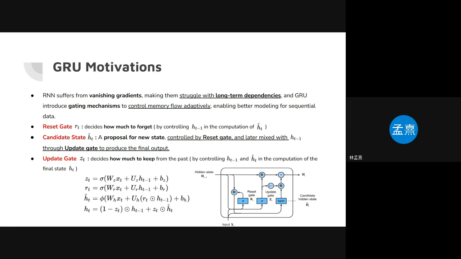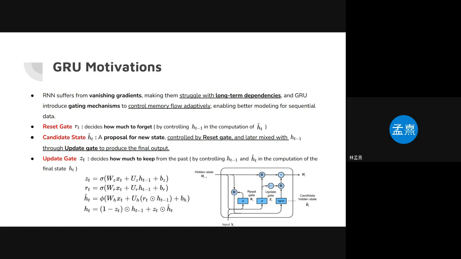The candidate state is a proposal for a new state, which is controlled by the reset gate, and later mixed with the previous state through the update gate to produce the final output.